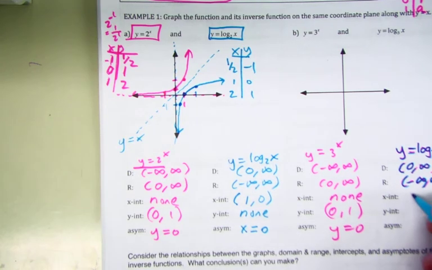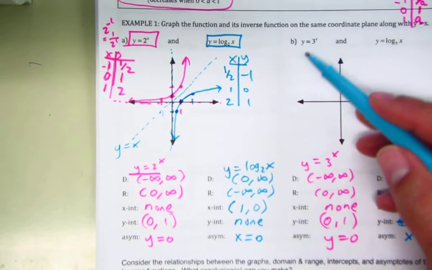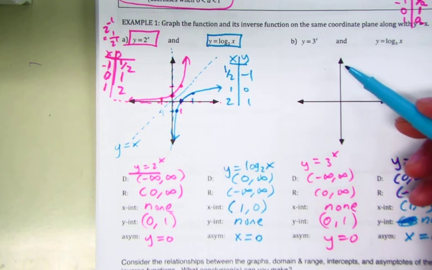Okay, x-intercept, 1, 0. Whoops, no. y-intercept, and x equals 0. Okay?